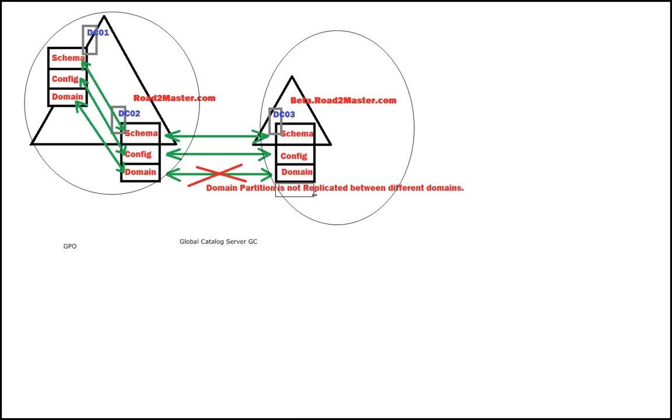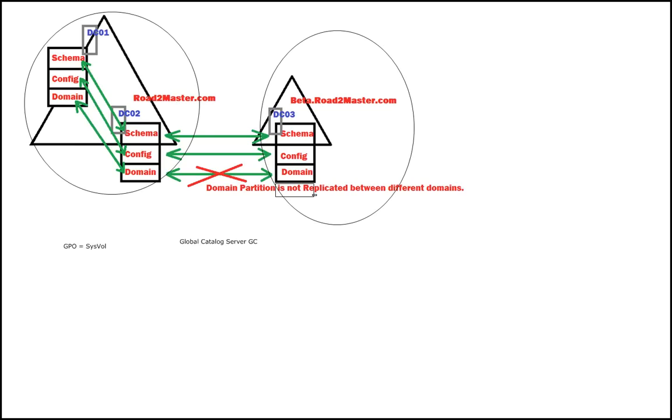These are stored in a folder named sysvol, and every domain controller will have a sysvol folder. Whenever you create a GPO, it is saved in the sysvol folder. Let's say you created it from DC02. So in the DC02 sysvol, you save this group policy object related information. Now this needs to be replicated, right?